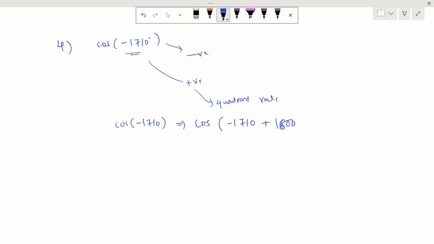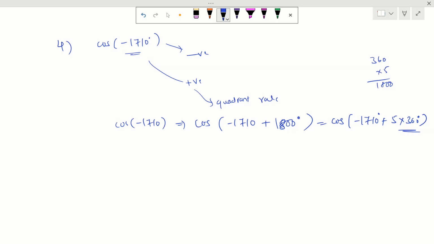So I can write here 1800 degree. 1800 degree is 5 into 360 degree. You do 5 into 360, we get 1800. So we have to use the nearby value.